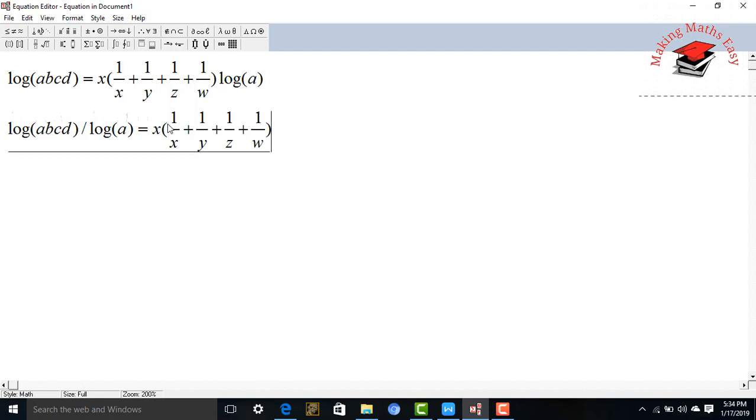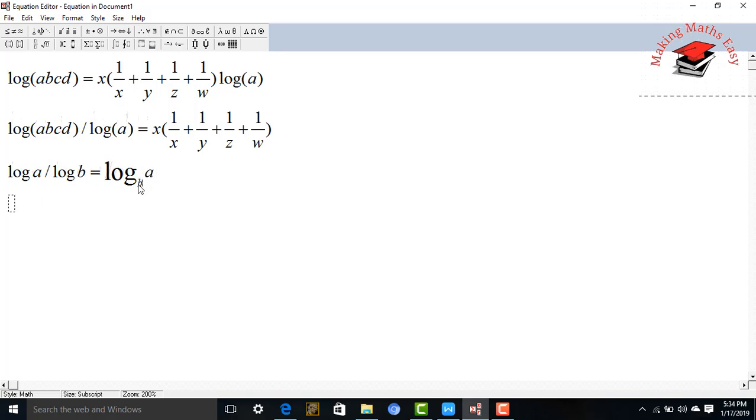We know a property of logarithm: log of a divided by log of b equals log of a to the base of b.